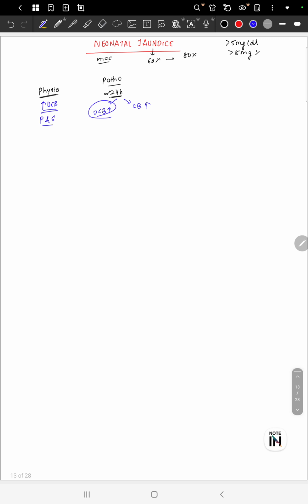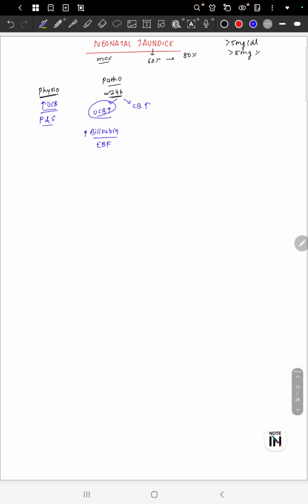Now, what are the different causes of rise in unconjugated bilirubin levels? The unconjugated bilirubin levels can rise because of increased production of bilirubin. If the bilirubin is produced more, then UCB levels can be increased. The most common cause is erythroblastosis fetalis, which is nothing but maternal antibodies produced against the fetal RBCs.